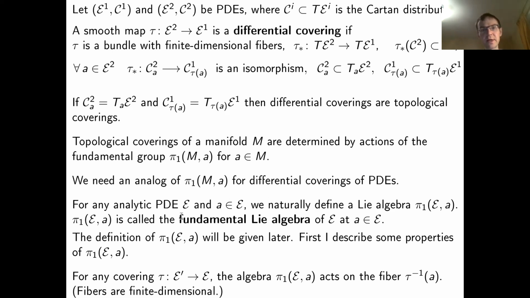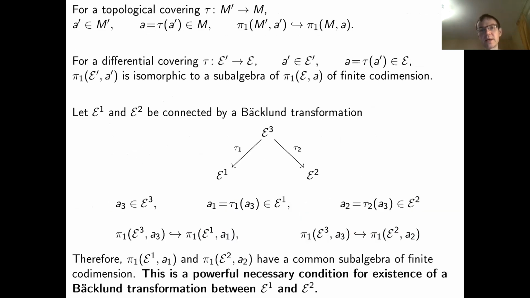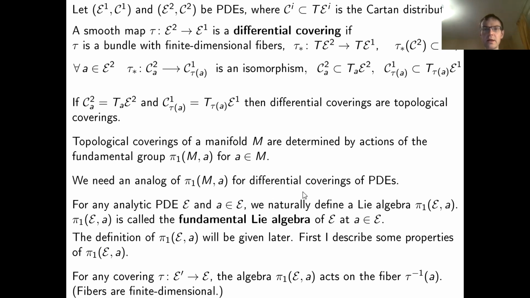First of all, in topology, we get the fundamental group, which is a group. And here we have the fundamental Lie algebra, which is a Lie algebra, not a group. Why do we get a Lie algebra instead of a group? The informal explanation is the following. In topology, topological coverings have discrete fibers.